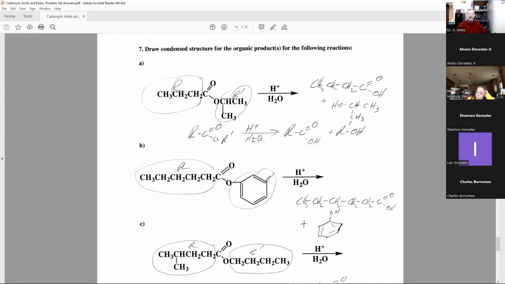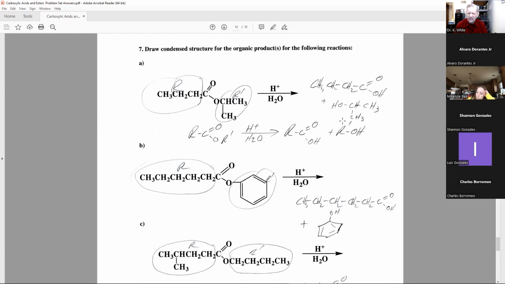Ester, acid, and water, you get back a carboxylic acid plus the alcohol you would have used to make that ester. So if I have this ester, where R is 3 carbons, I'll get this carboxylic acid. The carbon with the oxygen in the ester will be the carbon that has the hydroxyl group in the alcohol, the center one, in this case isopropyl.